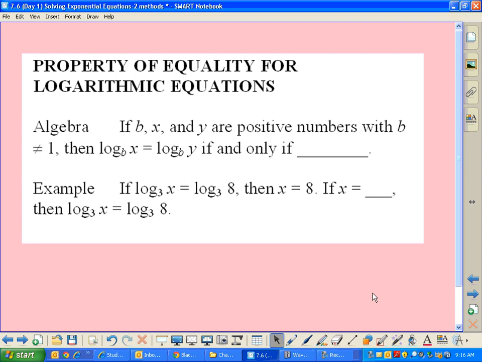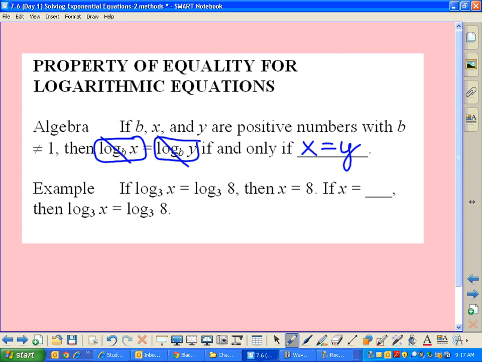Basically, if b, x, and y are positive numbers where b can't be 1, then log base b of x is equal to log base b of y if and only if x is the same as y. In other words, logs of the same base on both sides of the equal sign undo each other. And they give us a numeric example to go off of.